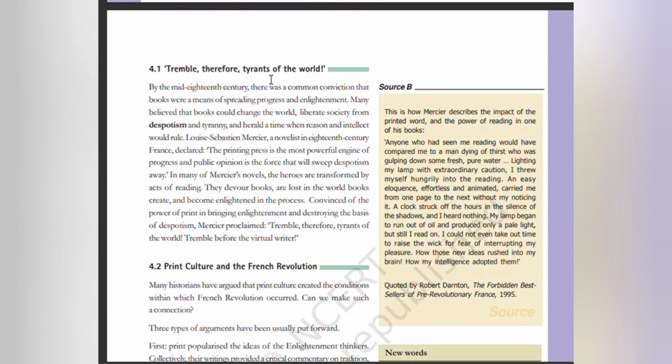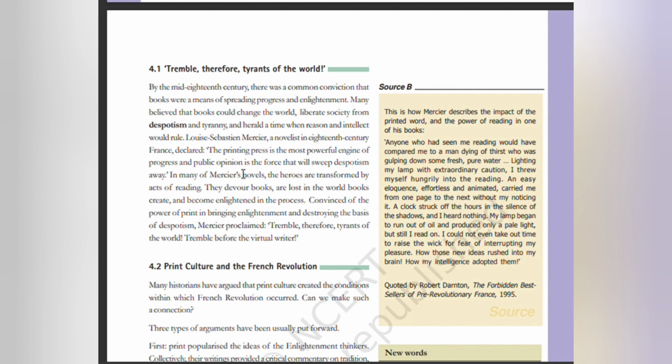By the mid 18th century, there was a common conviction that books were a means of spreading progress and enlightenment. Many believed that books could change the world, liberate society from despotism and tyranny, and herald a time when reason and intellect would rule. Louis Sébastien Mercier, a novelist in 18th century France, declared, "The printing press is the most powerful engine of progress, and public opinion is the force that will sweep despotism away."